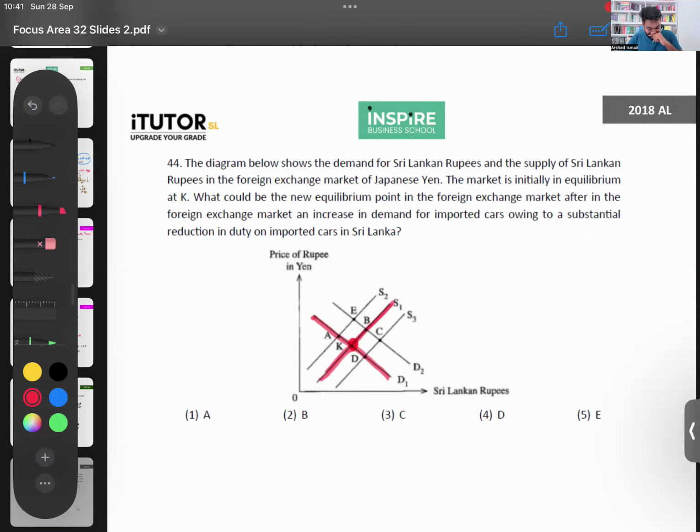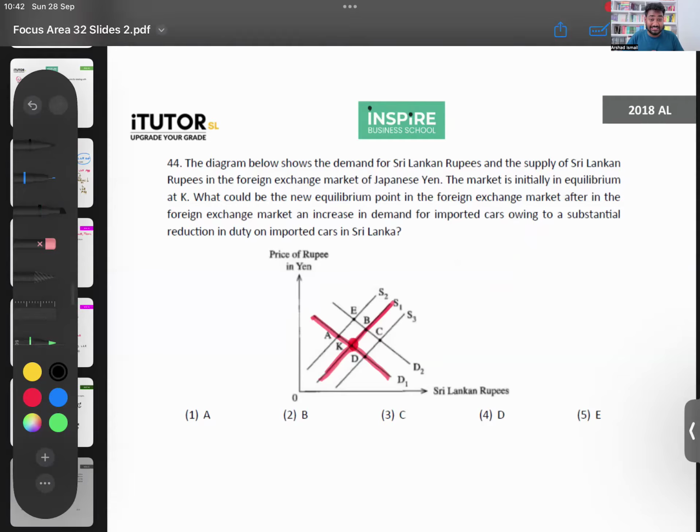Then they're asking, what could be the new equilibrium in the foreign exchange market after an increase in the demand for imported cars owing to the reduction of import duty on imported cars in Sri Lanka?